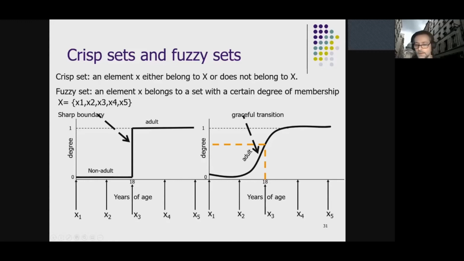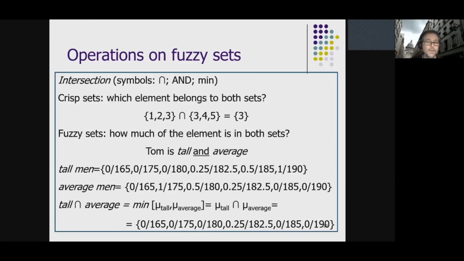Of course, if you are more than 19, definitely you are an adult with membership degree 1. That's why you observe this flat region in the curve. But if you are 18, then you may be adult and non-adult at the same time, according to this theory. You are an adult to a degree of, I don't know, 0.6, and non-adult to a degree of 0.4. This is what fuzzy logic will tell you.